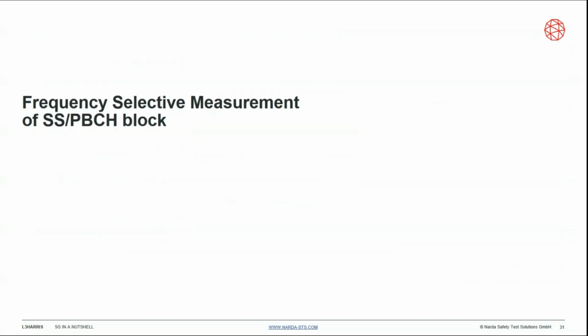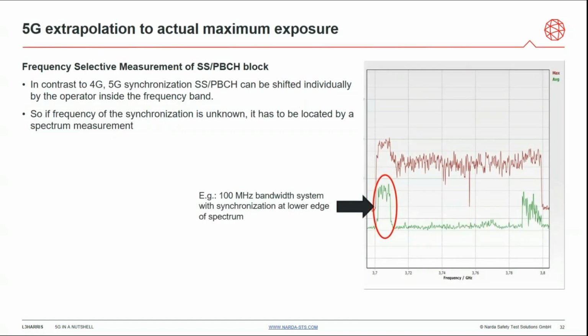So if we take a look at that SS PBCH block, the broadcast control channel, the synchronization channel, then we see it is no longer allocated in the center of the signal, like we had with LTE.